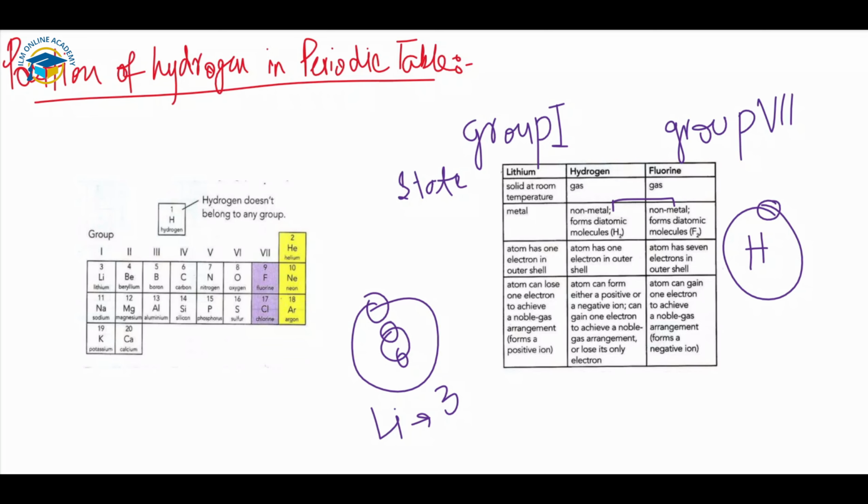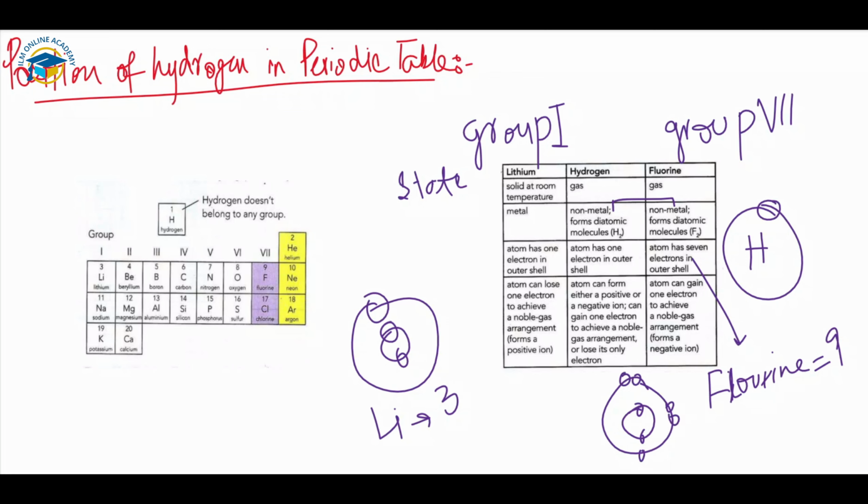If we talk about fluorine, the atomic number of fluorine is 9. So the total electrons present there: in the first shell we have 2 electrons, and in the second shell we have 7 electrons.